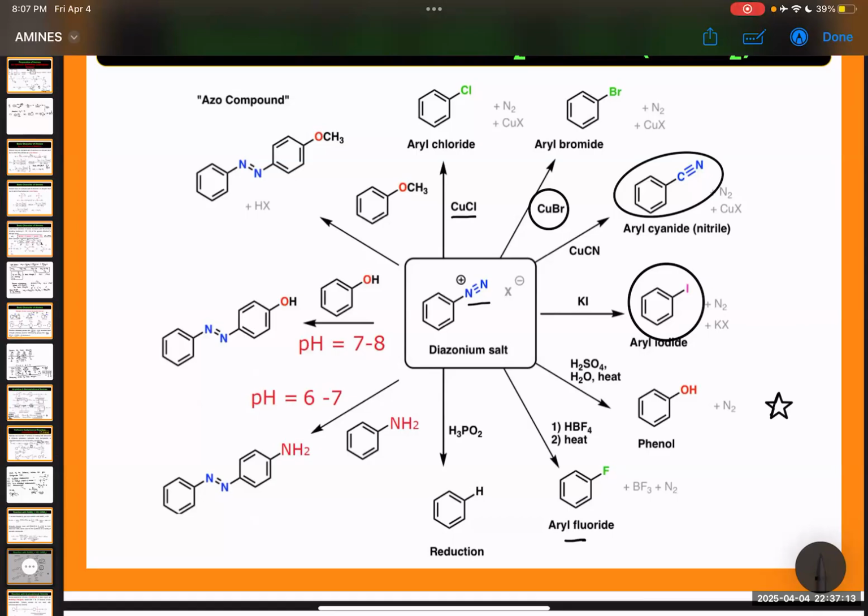Fluorobenzene is very difficult to synthesize directly, because fluorine is highly reactive, so you can't prepare it directly. So you need to prepare it by this method, and this method is known as the Schiemann reaction.